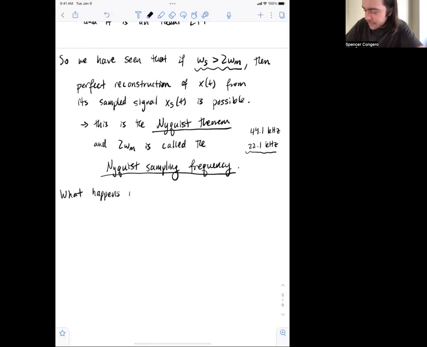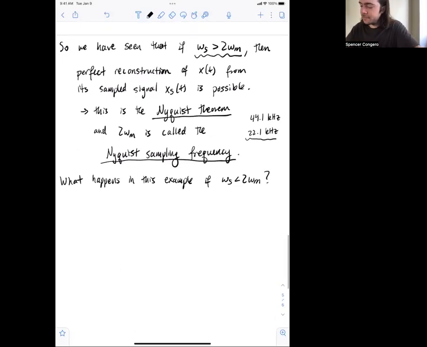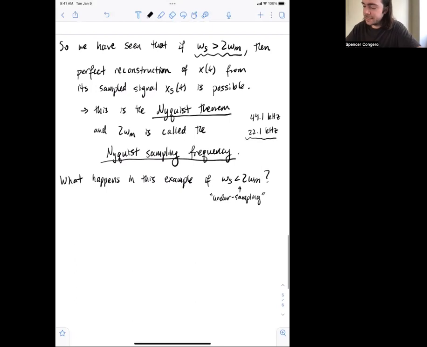What happens in this example if we sample less than 2 times the max frequency? Sometimes this is called undersampling. We're not sampling fast enough. In other words, what happens if we violate this Nyquist condition in this example?